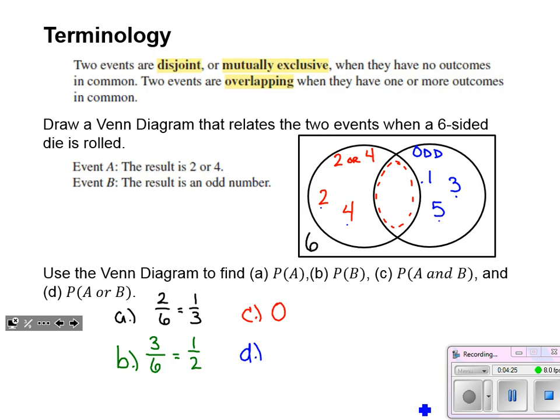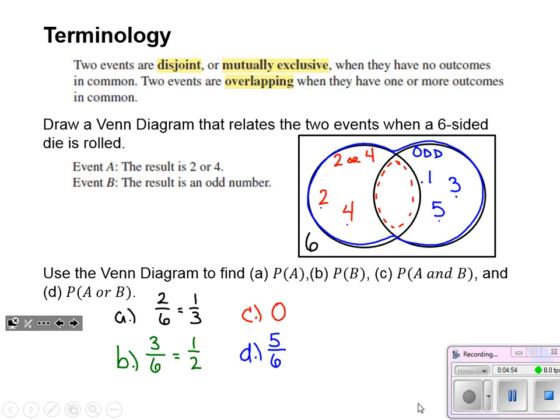Any of those options fall under event A or event B. So 5 possibilities out of my sample space of 6. Now we were not looking for the "and" case where they overlap, but we're looking for the "or" case where it falls within the entirety of our Venn diagram. And in this case, 6 was the only option not included.